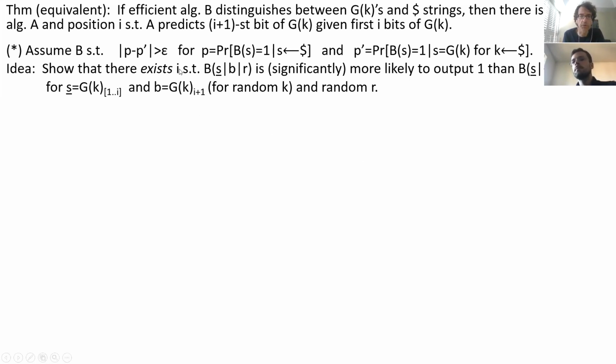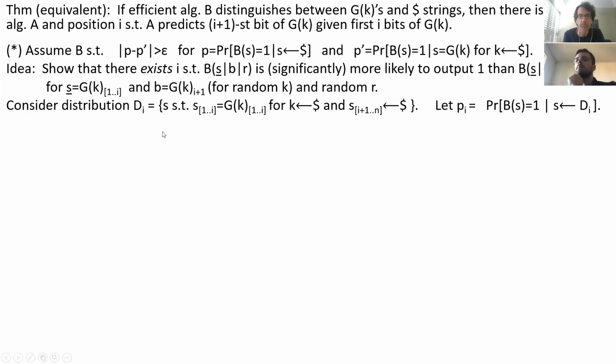I want to show that there is an index i such that if I feed B a different distribution, the G_k outputs at i, then B, and then purely random, it outputs 1 more significantly than if I feed him the same distribution, but with a bit flipped.